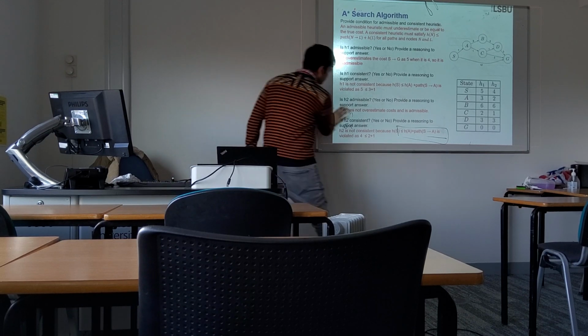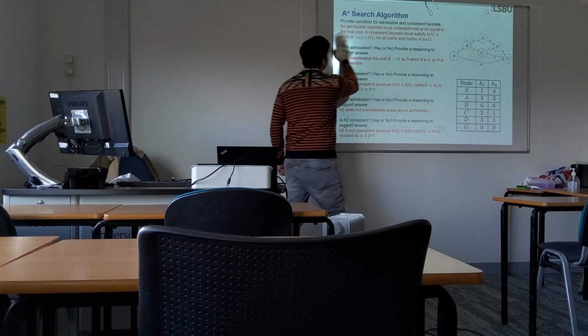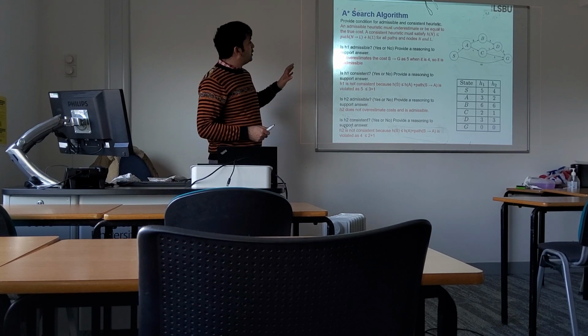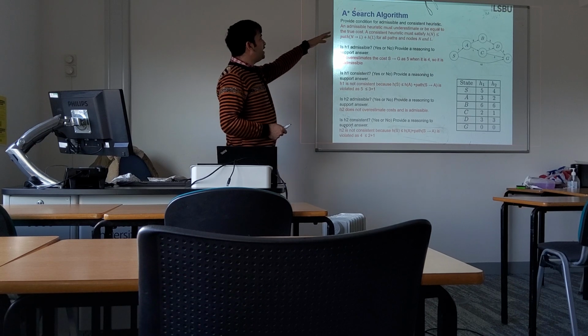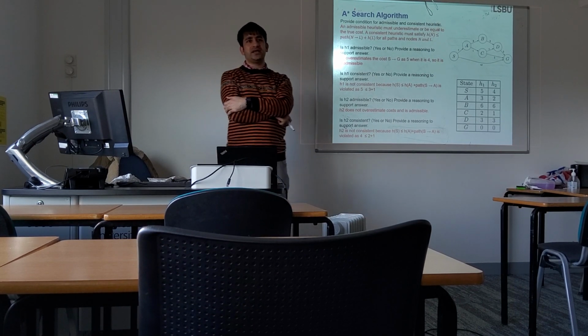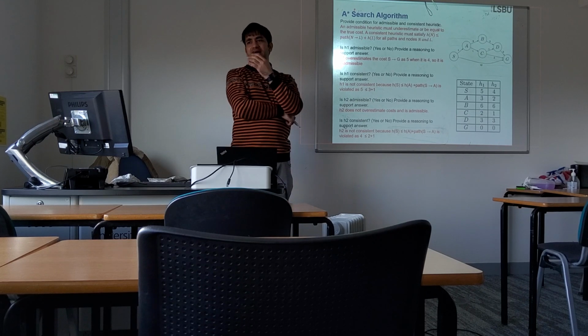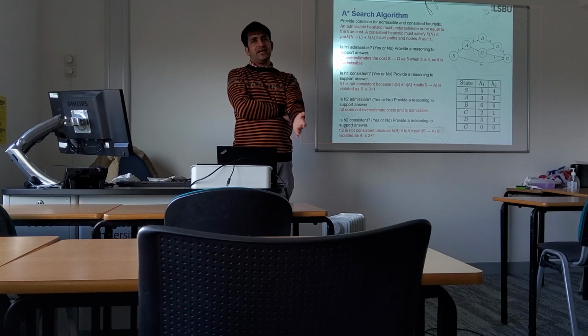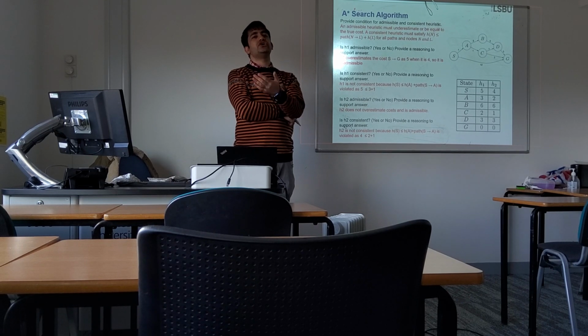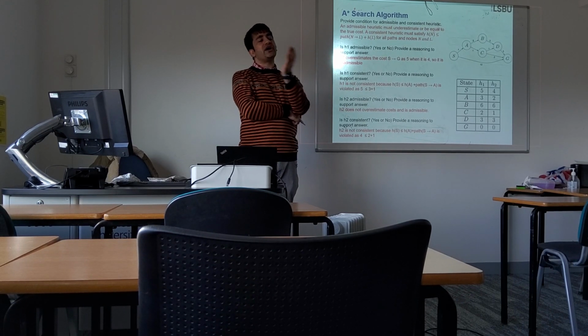Okay. So you can get something similar in the exam. The very first thing can be to provide the condition for admissible and consistent heuristics, and you all know that. You can clearly say that a heuristic is admissible when it never overestimates the cost, or in another definition, it should underestimate the cost.